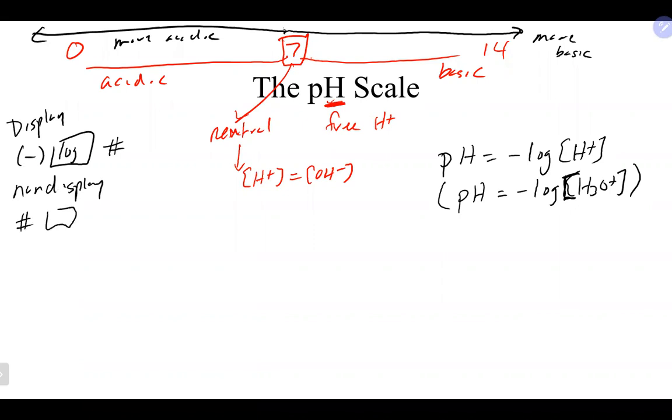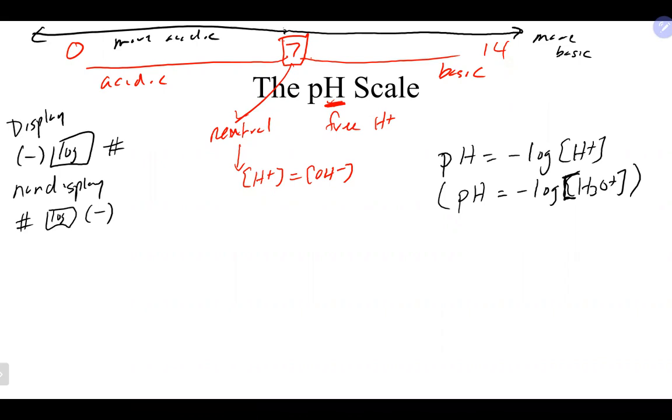You then want to hit the log button, and then you want to use the negative button, not the subtract button, to change it. If you're not sure what type of calculator you have, hit log. If it says log, congratulations, you have a display calculator. If you hit log and it says error, congratulations, you have a non-display calculator. That's how you determine the difference there.